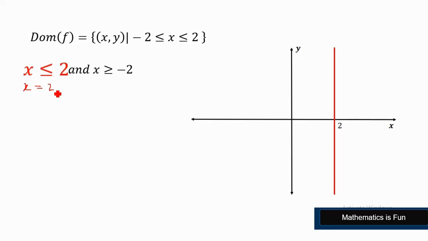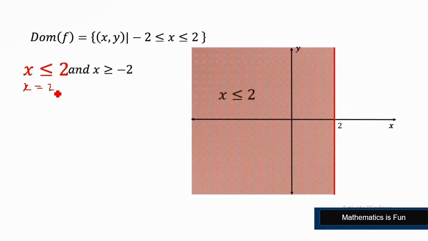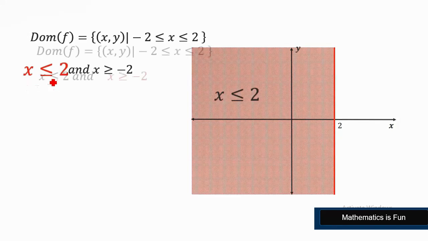So here x is less than or equal to 2 means it contains all the ordered pairs on the left side of the vertical line x is equal to 2. So this is the region for x less than or equal to 2, and the line x is equal to 2 is also included because it contains the equal sign.